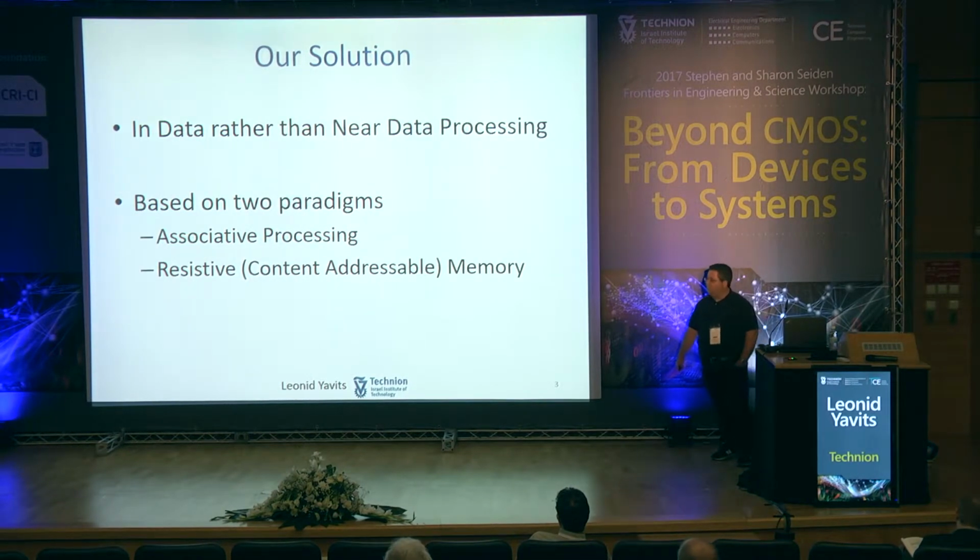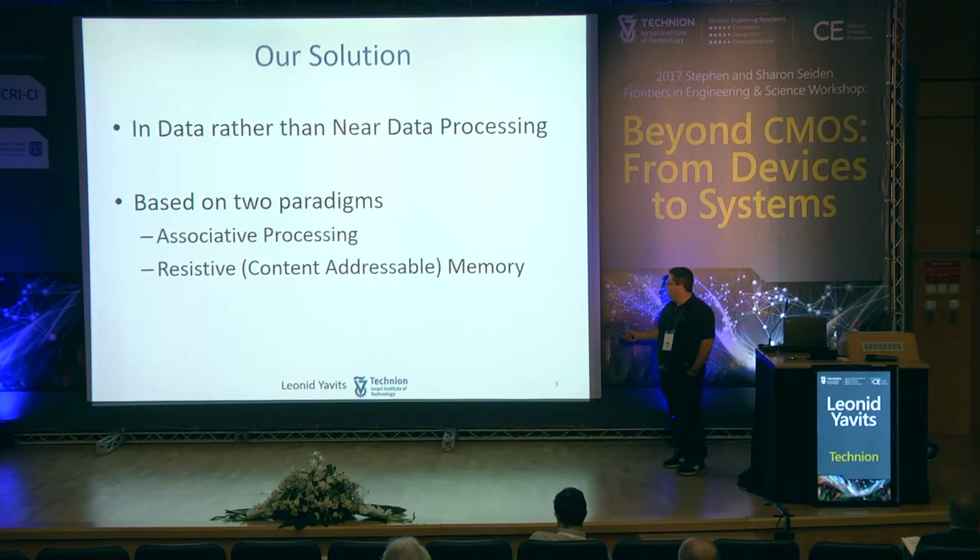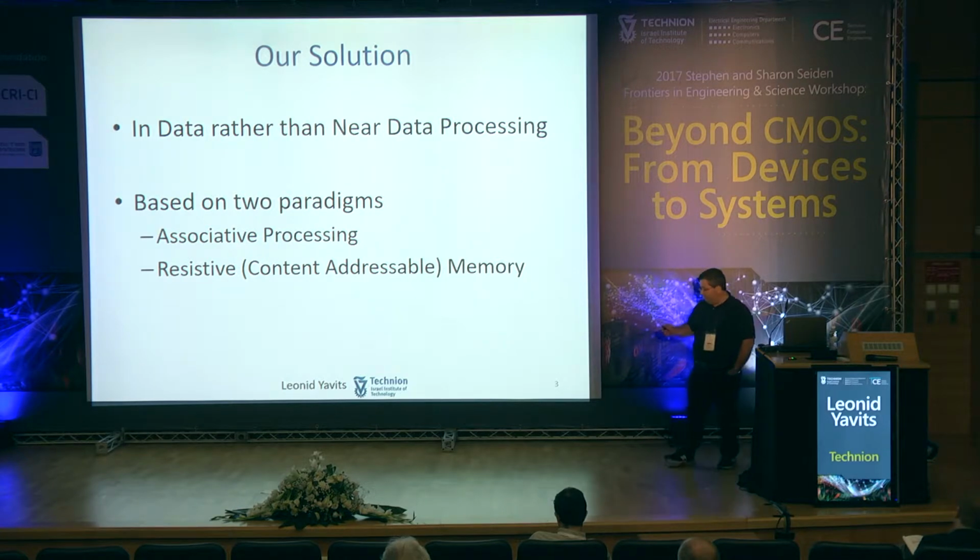Our own solution is in-data rather than near-data processing. And it relies on two principles. The first principle is called associative processing. And the second principle is resistive content addressable memory.